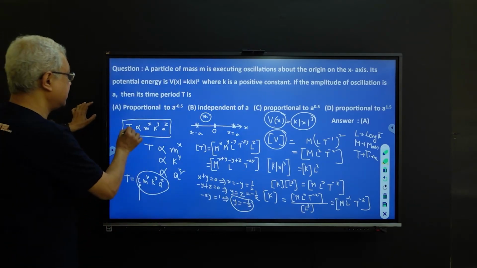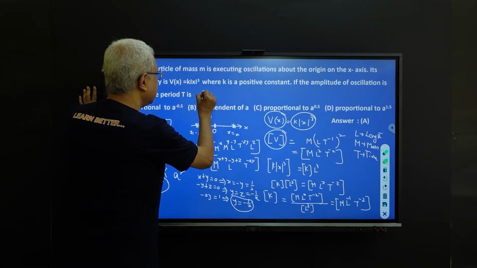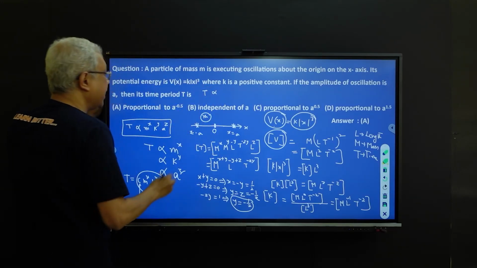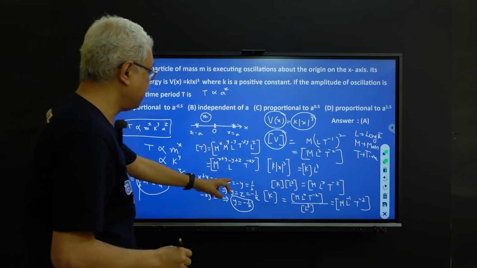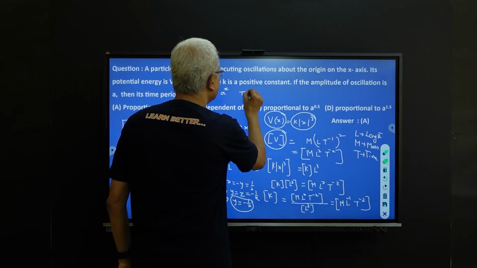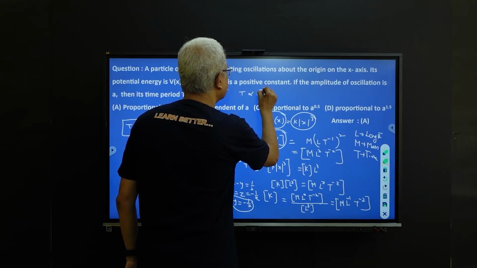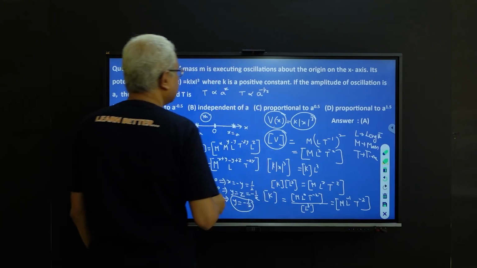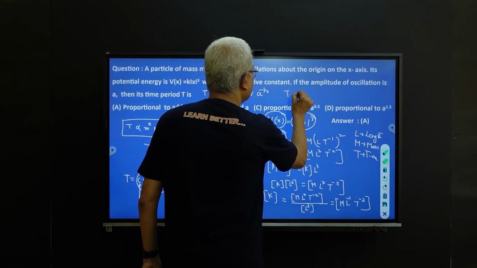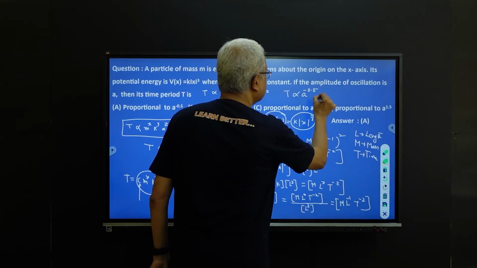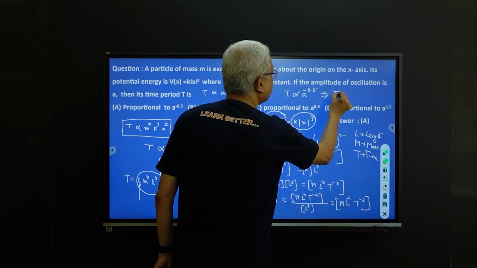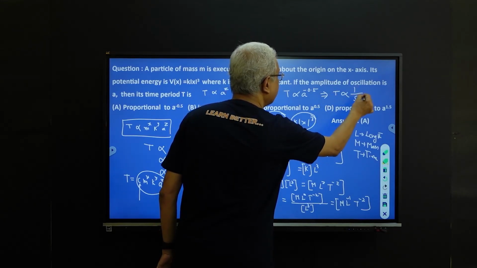So from this expression, T is proportional to a to the power z, but z I have found is minus half, so T is proportional to a to the power minus half. That means T is proportional to a to the power minus 0.5. That is, T is proportional to 1 by root a.